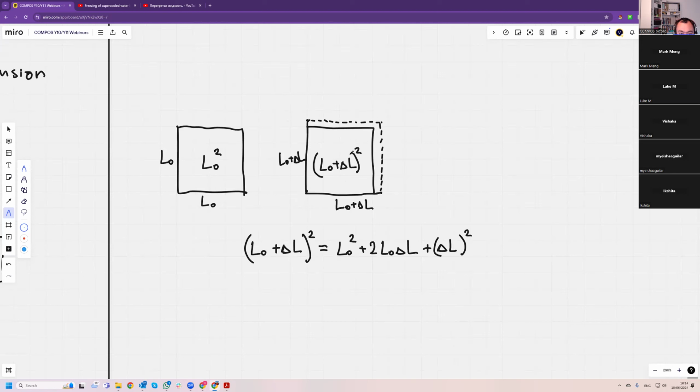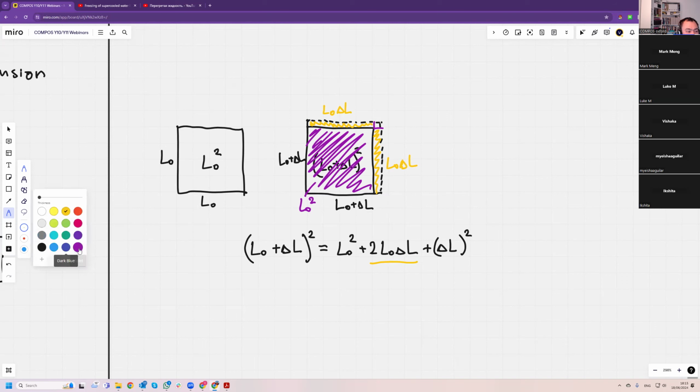Geometrically, we can see that this bit is L0 squared. Now this bit is L0 times delta L, and this bit is L0 times delta L. So that's where the 2 L0 delta L comes from.